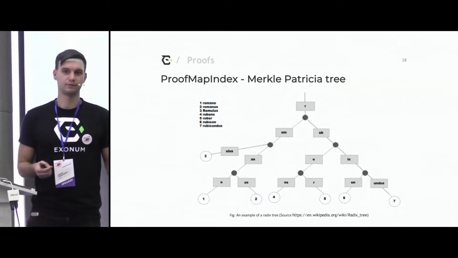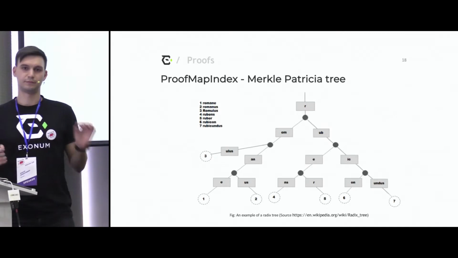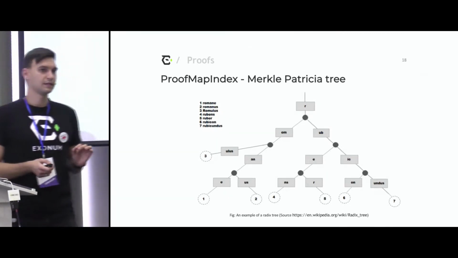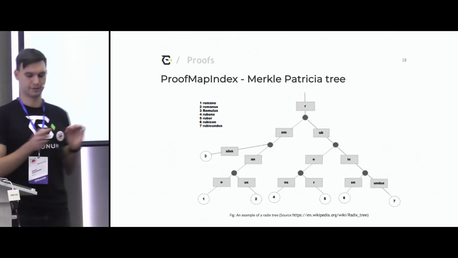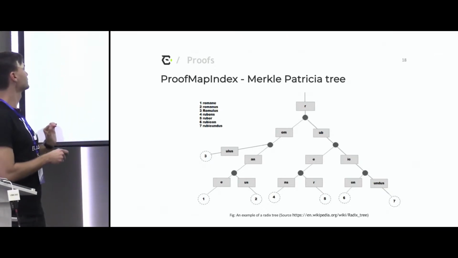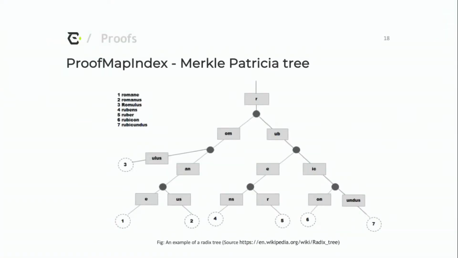For the proof map index, we use a slightly different data structure. It's a Merkle Patricia tree. It's based on the radix tree, so let's just remember how a radix tree works. We have some index, and based on the similarity of the indexes, we build the tree.